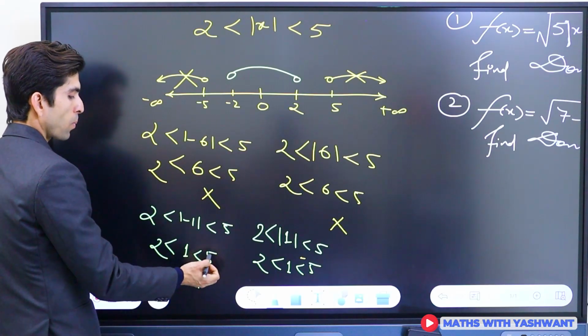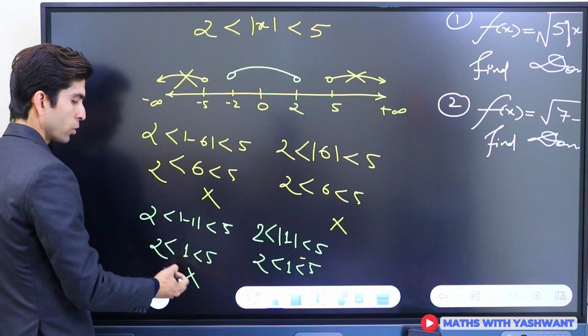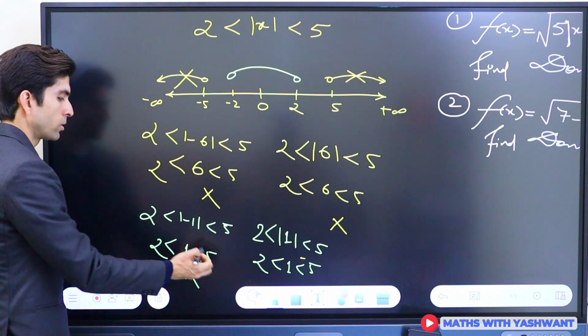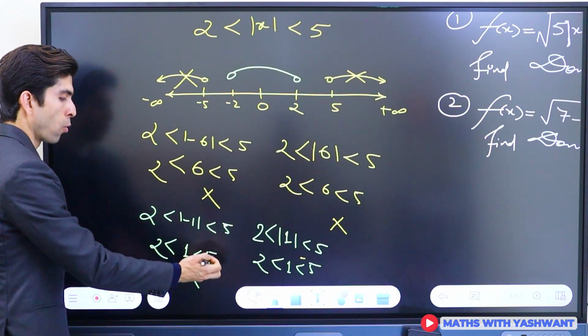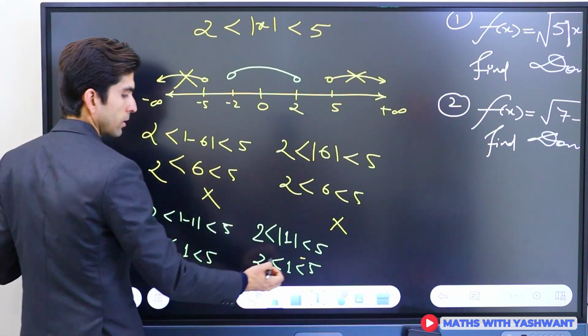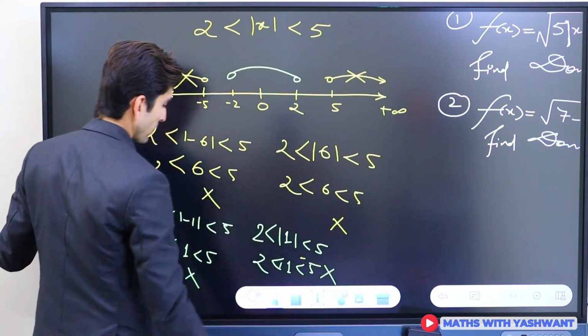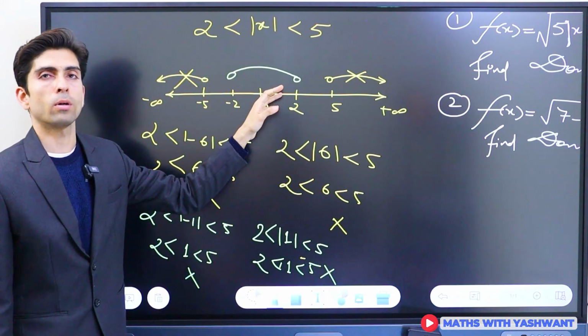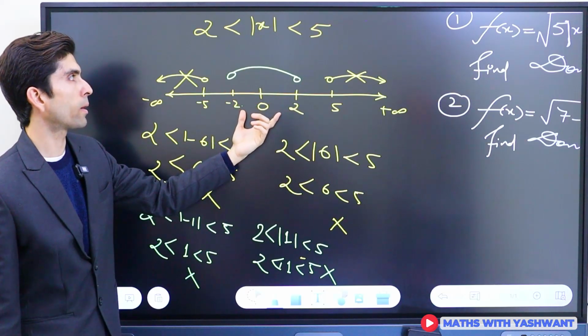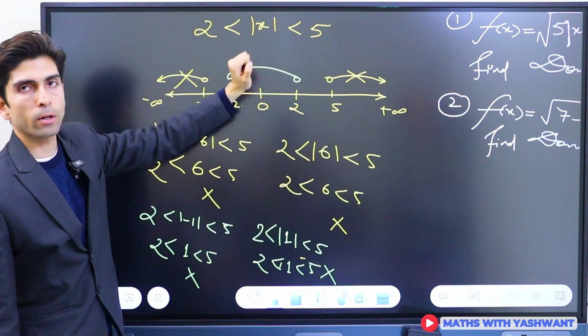The other part is right, but the inequality stands true only when both parts are right. So if one is right and the other is wrong, the whole inequality will be false. Same here as well. So we reject this interval, negative 2 to positive 2, because no value of x from this interval satisfies our inequality.